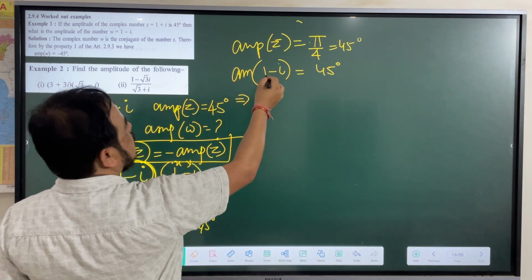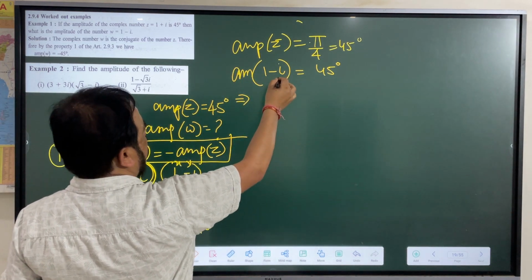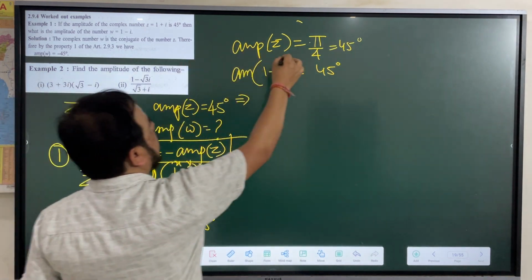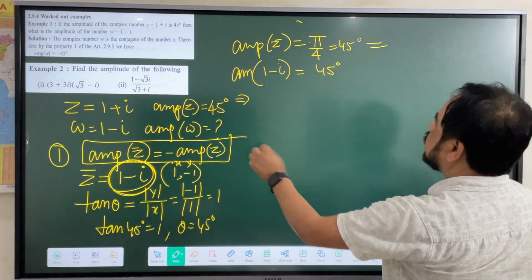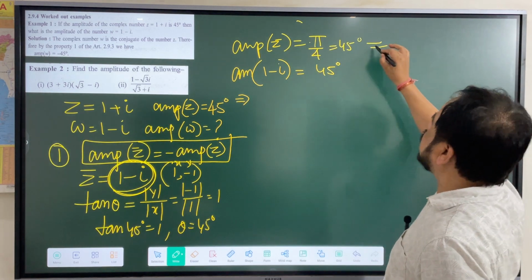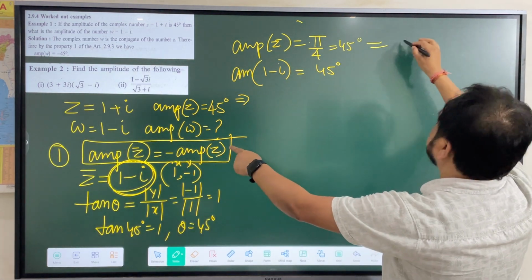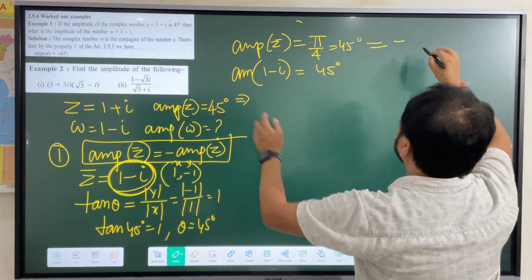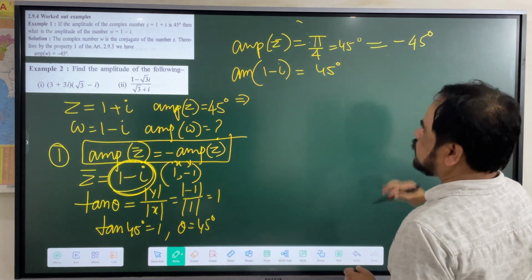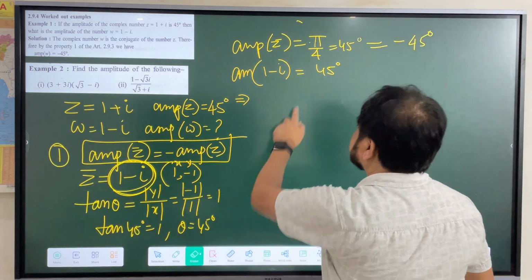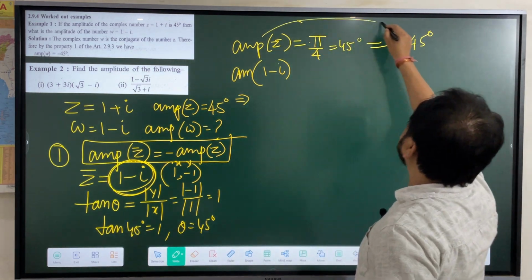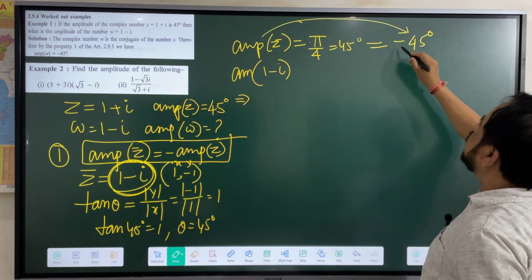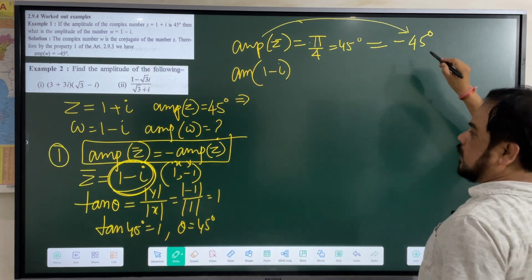So minus, this is the amplitude of 1 minus i. The amplitude of Z is 45 degrees.